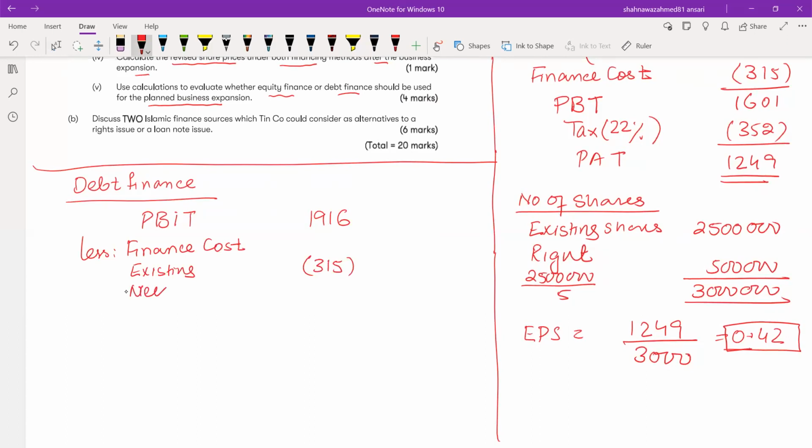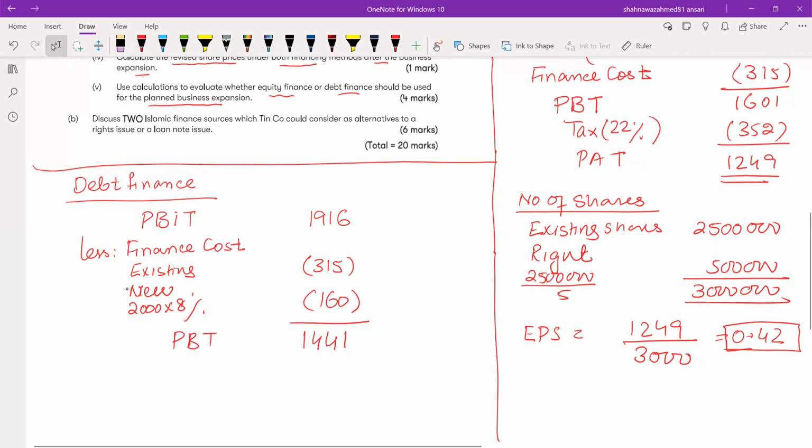New financing cost as a result of this financing, 2 million into 8% per annum. And this will increase to 1,60,000. So profit before tax is 1441. Taxation at the rate of 22%. And now we have profit after tax.